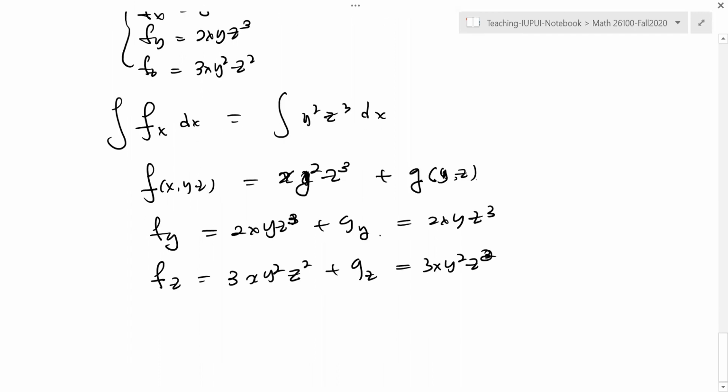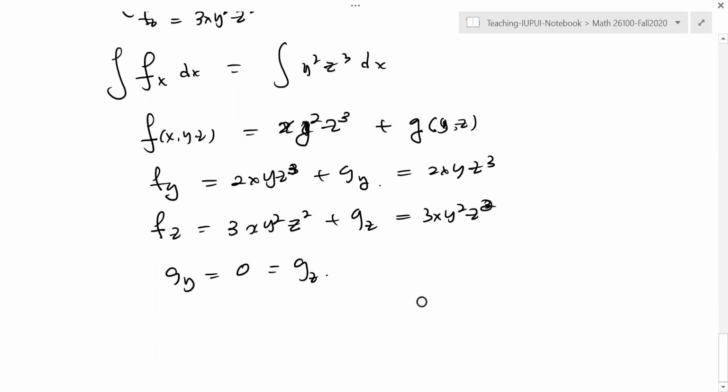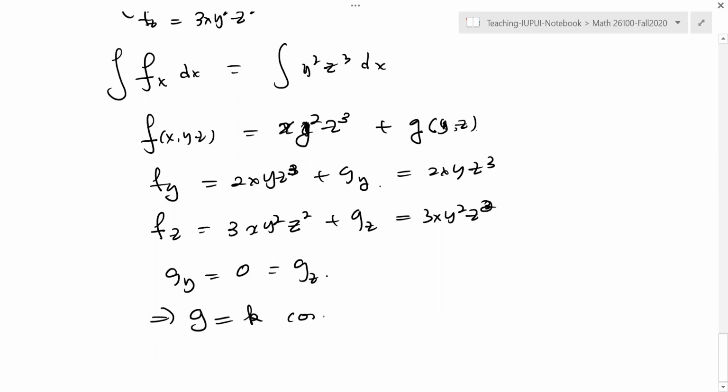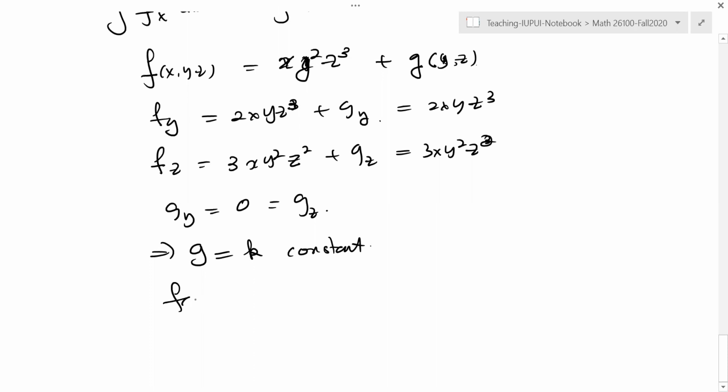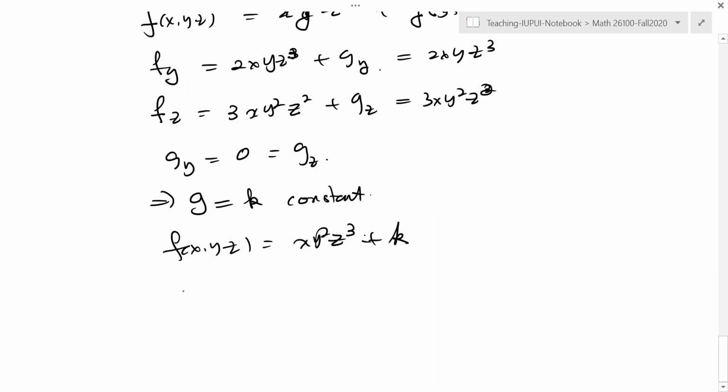So clearly the partial derivative of g is going to be 0, with respect to y and with respect to z. So that implies g is going to be constant. It's nothing to do with that. So we find the function. The general formula for f is xy squared z cubed plus a constant. Okay, right. So our F is the gradient of this.